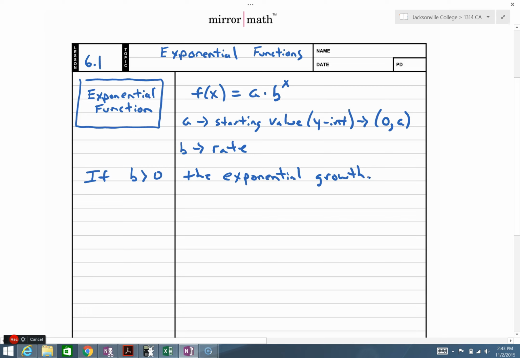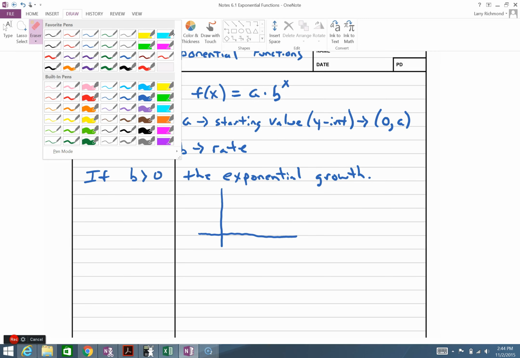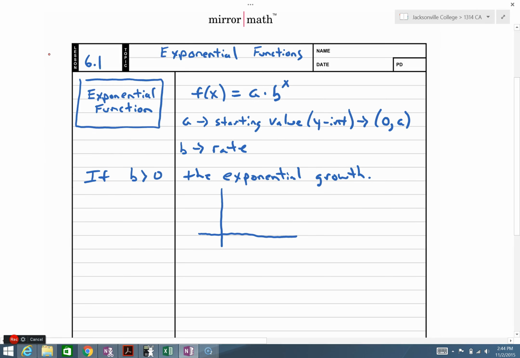Graphically, what we'll have is something that looks like this. When this value b is greater than 1, we're going to have exponential growth.